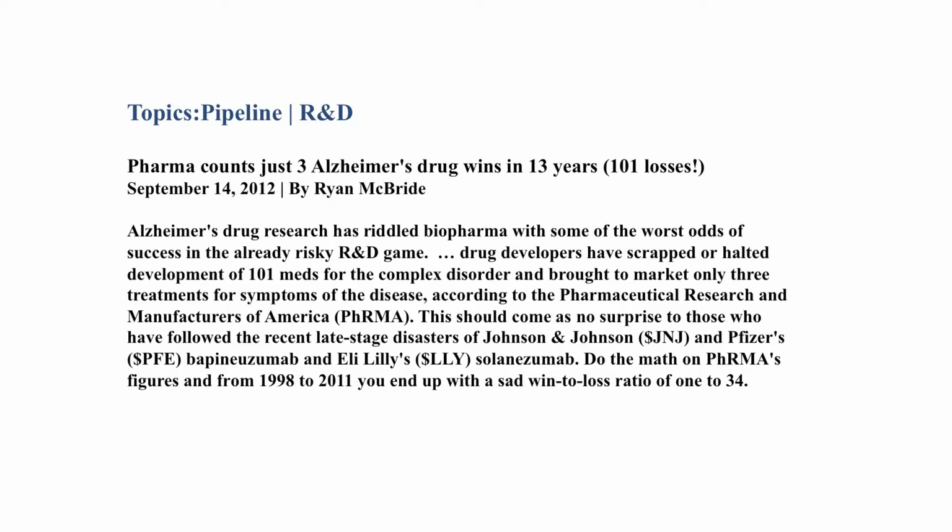The 3 Alzheimer's drugs that have been approved were based on the cholinergic hypothesis, and as you know, they're not very wonderful drugs. So we have a loss ratio of one drug that actually is approved for human use, even including the ones that don't work very well, of 1 to 34. So we haven't had any winners yet.